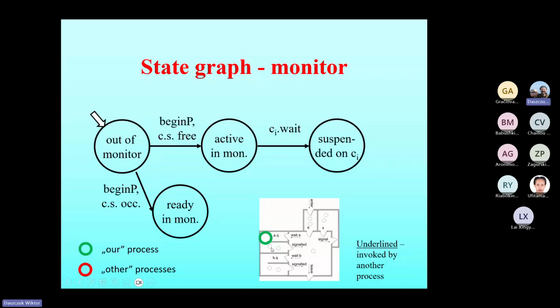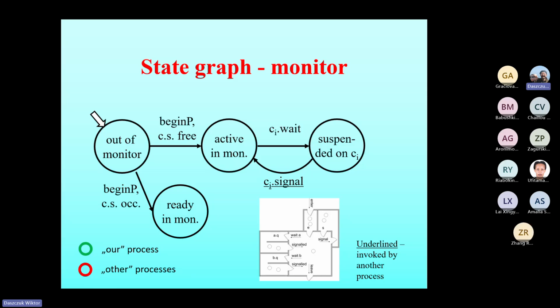It waits in this side chamber for resumption. Other process signals the condition CI. Our process can return to the critical section.